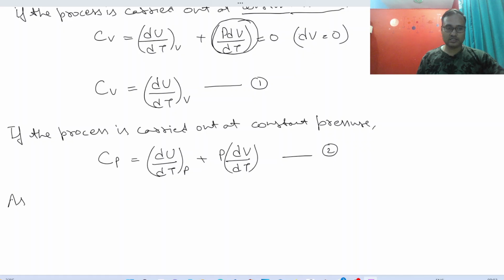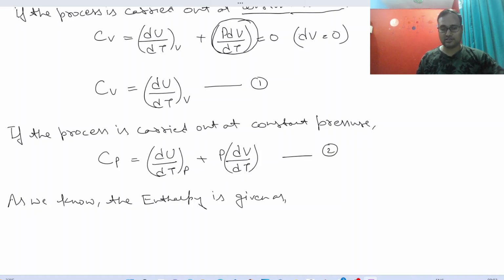Now as we know that enthalpy is given as H is equal to U plus PV.